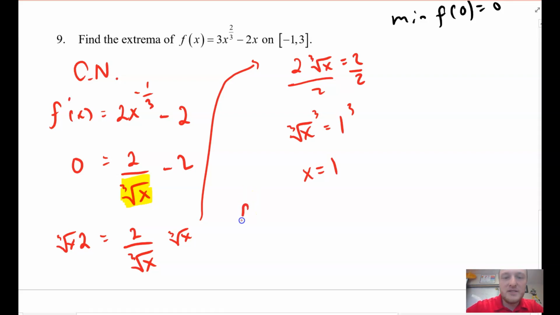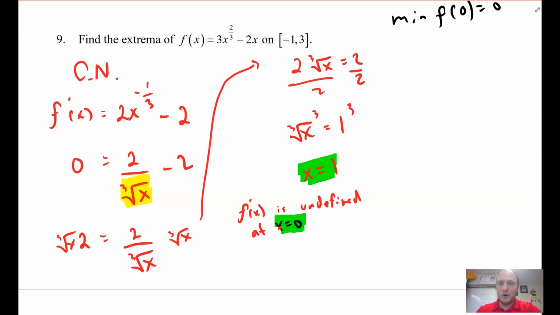Okay, so we can say f prime of x is undefined at x equals 0. I'll just put that for you guys. Okay, so what we did, we found two critical values. I found x is equal to 1, and I found x is equal to 0.